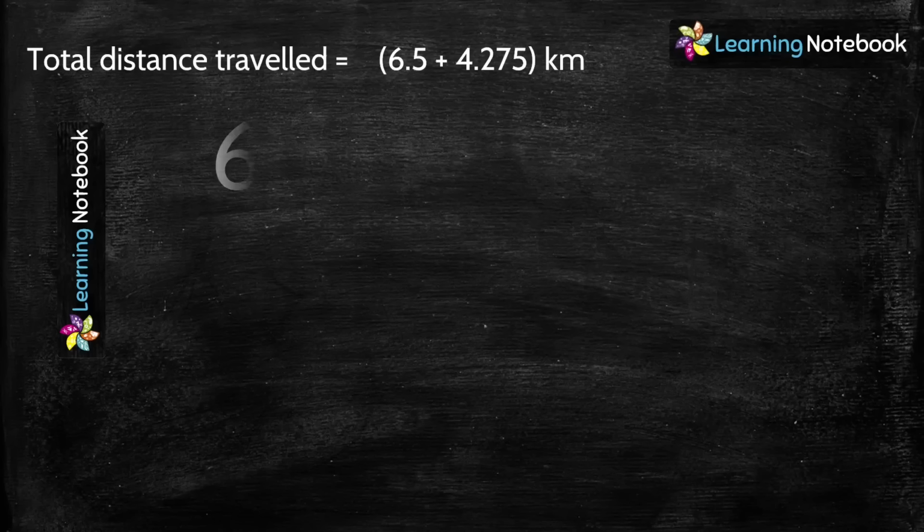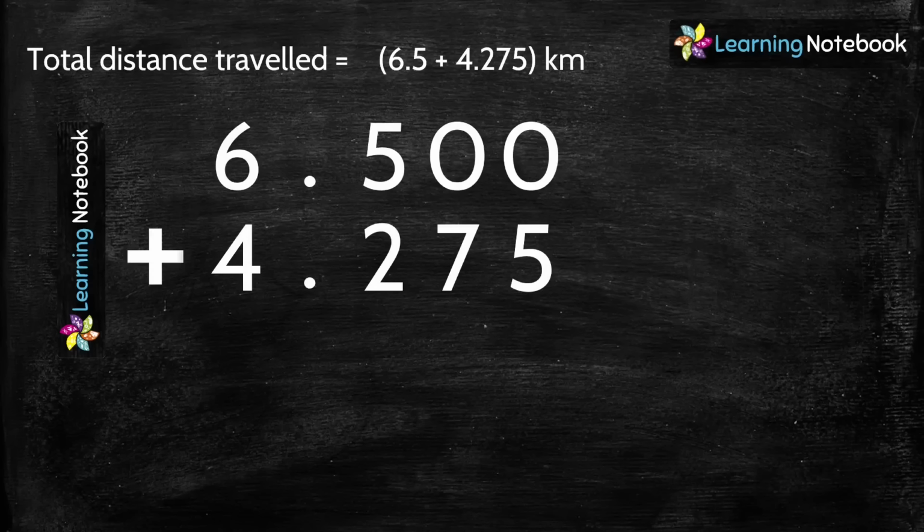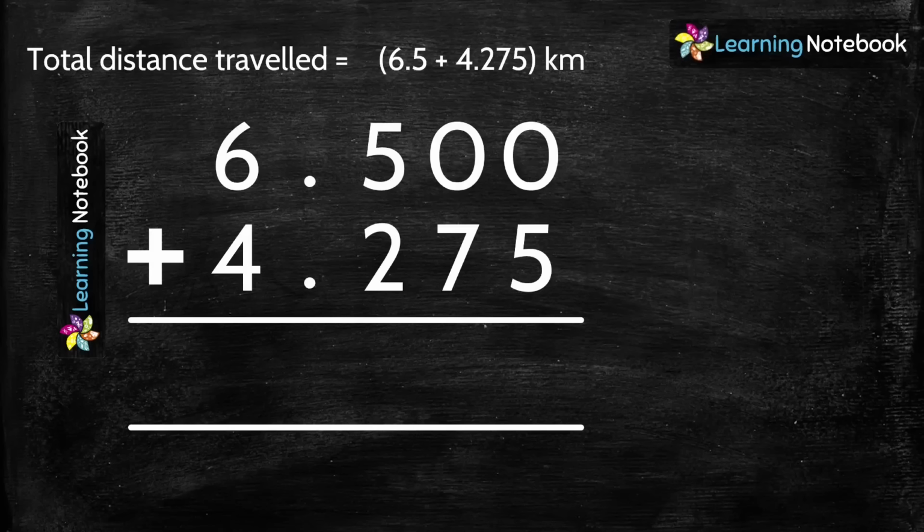So to add them, let's first make them as like decimals and then add them. First add the decimal part. 0 plus 5 equal to 5. 0 plus 7 equal to 7. 5 plus 2 equal to 7.